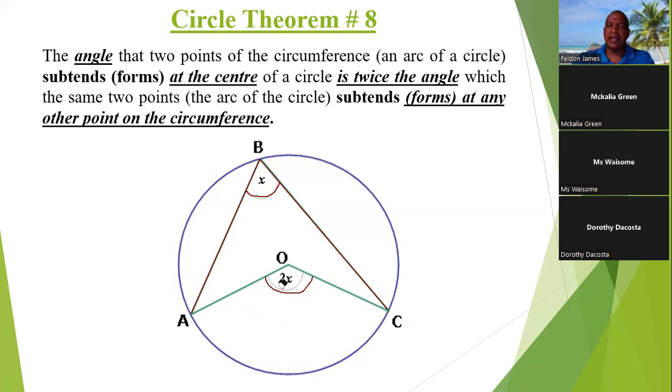Whatever angle is formed at the center is twice the angle that is formed within the segment opposite to the angle here at the center.